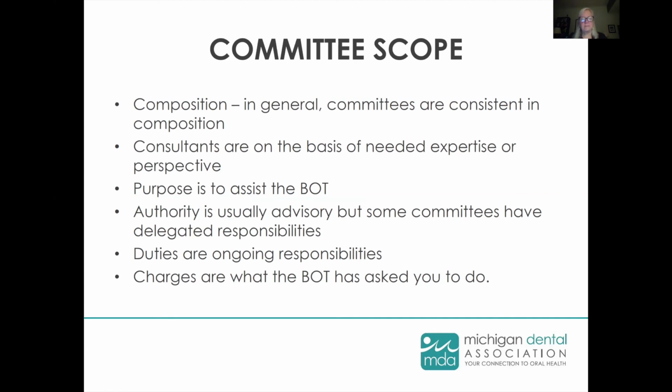And the purpose of most committees is to assist the Board of Trustees. As I said, authority is usually advisory, but some committees do have delegated responsibilities. The duties are considered ongoing responsibilities, and the charges are what the board has asked your committee to do this year.